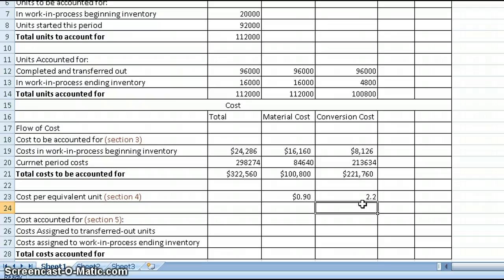Next, we take those numbers and multiply those by the cost per equivalent unit for material cost and conversion cost. We will start with the cost assigned to transferred out units. We'll do this by taking the completed and transferred out units times the cost per equivalent unit.